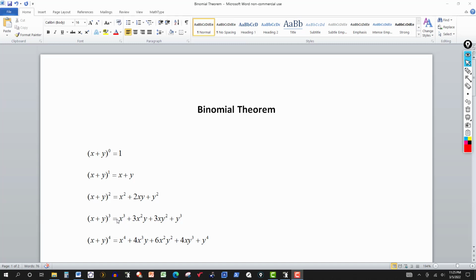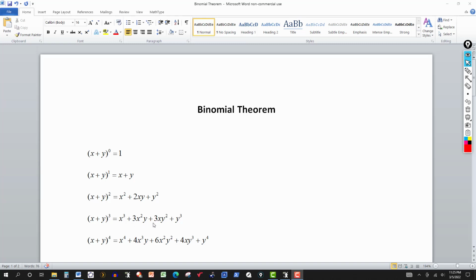Also note, let's look at (x + y) to the third first, that the power of the x term, that's the first term, decreases by 1. So notice it's x to the third, x to the second, x to the first, and then in the last term it's x to the 0. And then the second term, the y in this case, starts at y to the 0 in the first term, then it goes to y to the first.